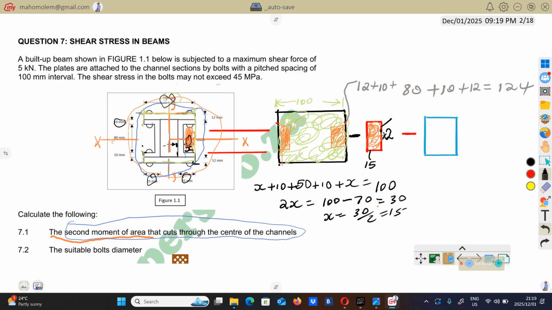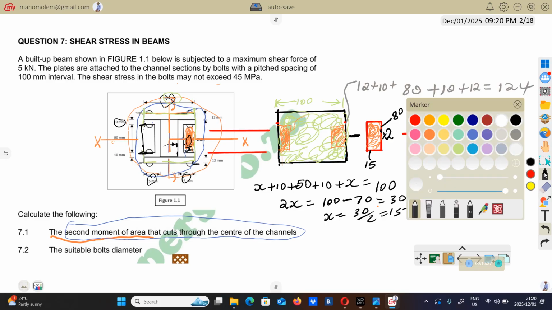So this side, which is from here to there, is 80. So this is going to be 80. Now, after subtracting these two, we subtracted this one as well.